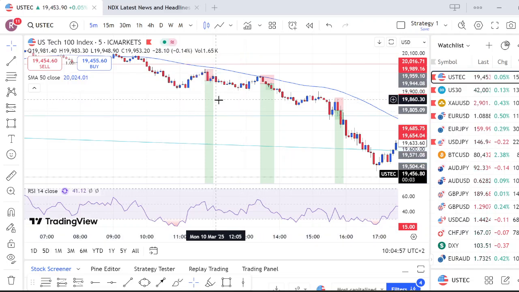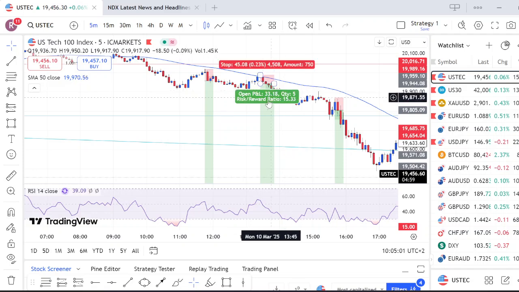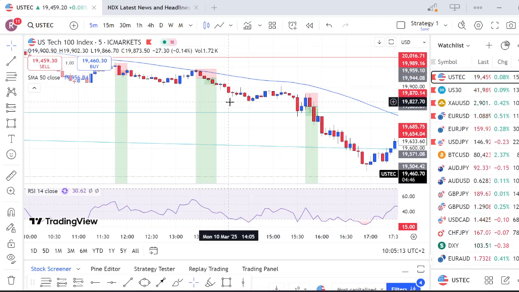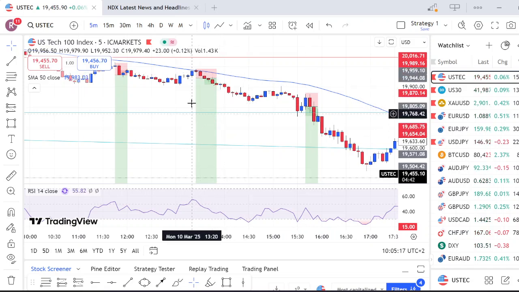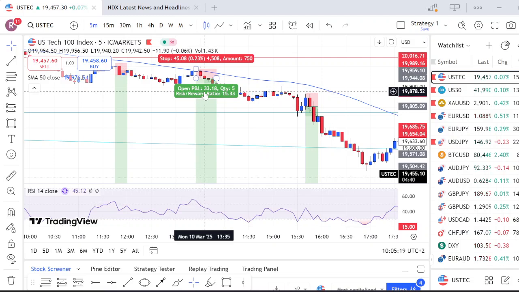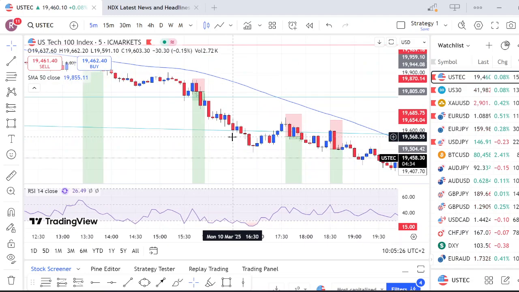Following that, markets were in a bit of a consolidative phase, and then we received an evening star. An evening star is a bearish candlestick pattern, and following that evening star, we had the bearish confirmation, and we would have entered there and continued trading to the downside.